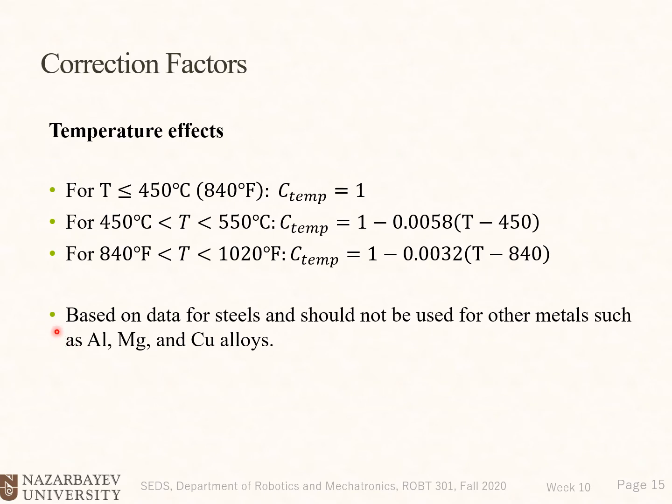Based on data for steels, and should not be used for other metals such as aluminum, magnesium, or copper alloys. So these are only for steels. So if you want to find a correction factor for temperature of other materials, then you should refer to tables of the book to find relevant formula.